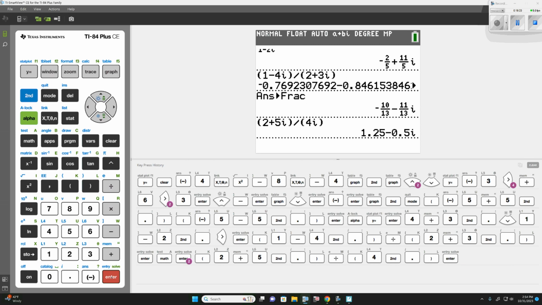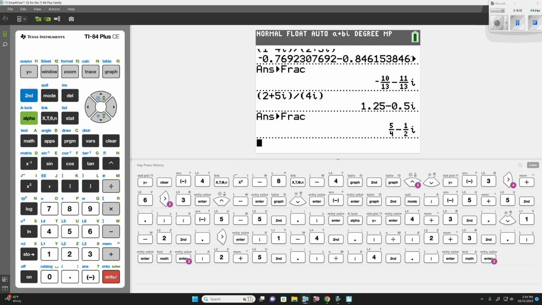Almost. Because we've got to go math, enter. Instead of actually putting in a fraction, we divide. Yes. Divided by 4i. Math, enter.